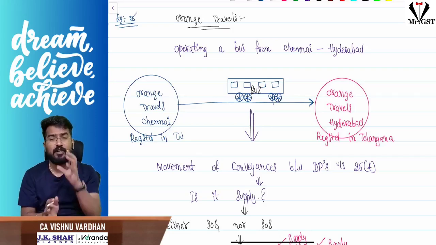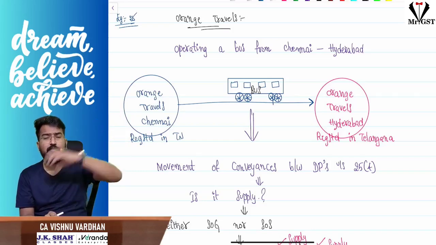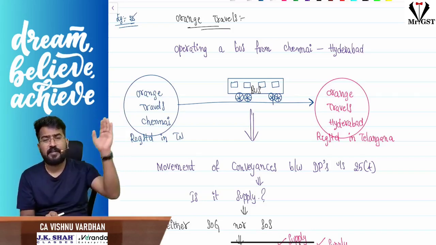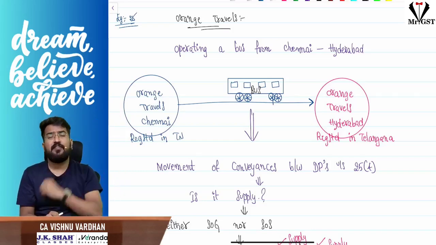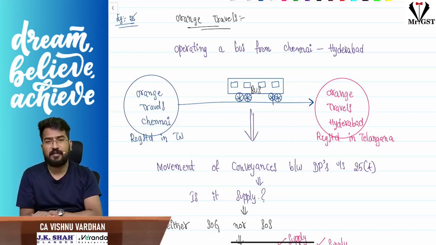And imagine, what if a train, let us assume there is a Chennai Express coming from New Delhi to Chennai, traveling across so many states. How many trains will Indian Railways be operating every day across how many states? So you can understand the practical difficulty here.